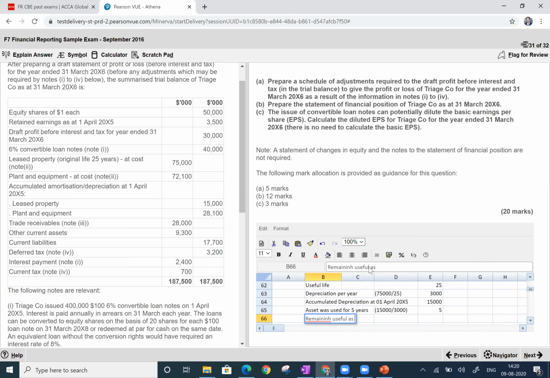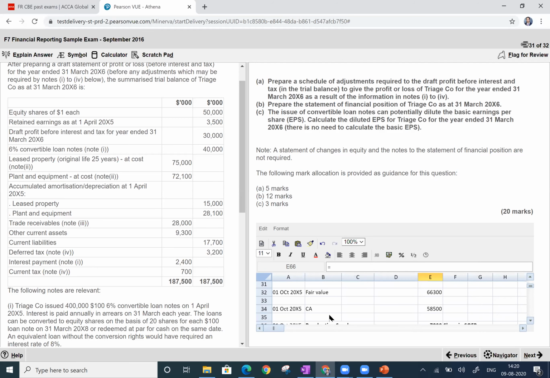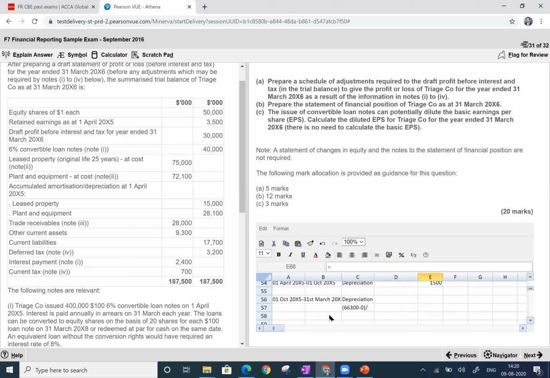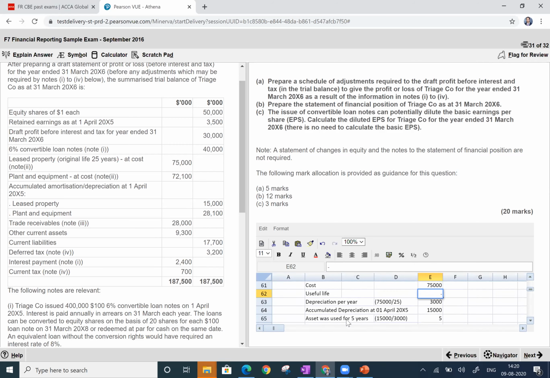So, in other words, remaining useful life as at 1st April 20x5 is how much? 25 minus 5, equal to 20 years. We did a similar question during our accounting standard 16 question as well. But remember, this remaining useful life is as at 1st April 20x5. When did we revalue?